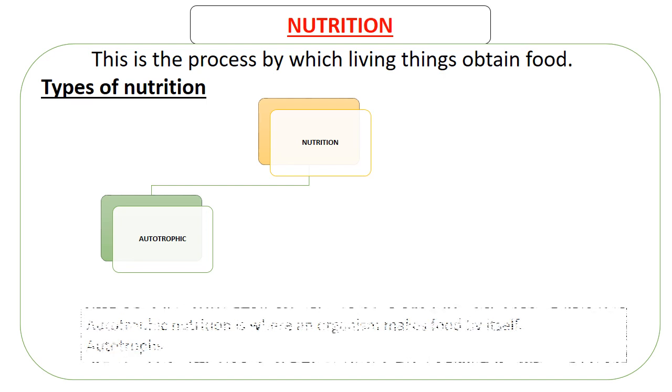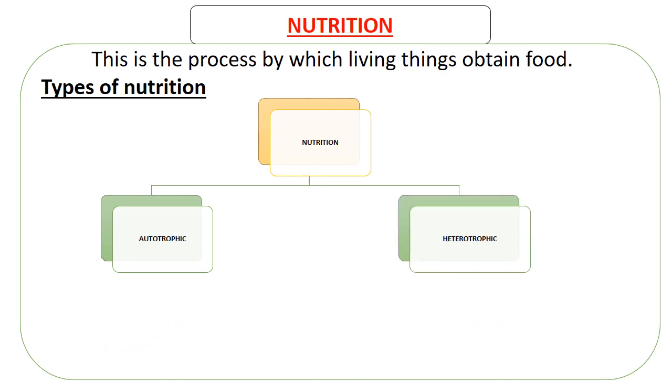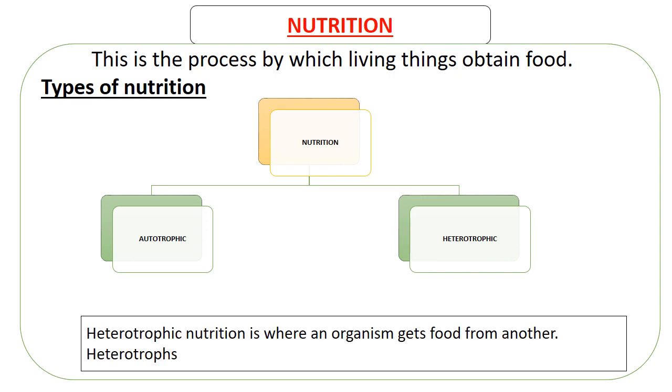Another type of nutrition is heterotrophic. Hetero means from another. That's what the word hetero means, from another. So heterotrophic nutrition can be defined as a nutrition where an organism gets food from another. Such organisms are called heterotrophs. A very good example of a heterotroph is a human being.